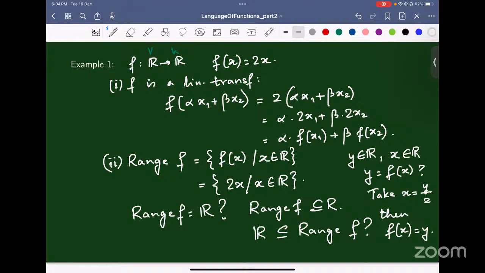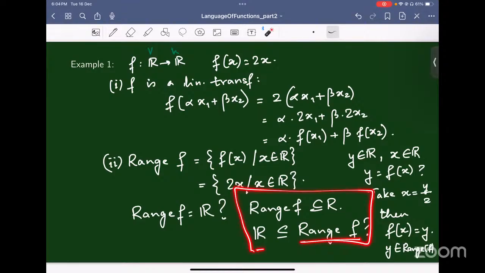So what I've just shown you is that if we start with any real number y, then y can be written as f of some real number, which means y belongs to the range of f. And so, in fact, the set of real numbers is contained in the range of f.